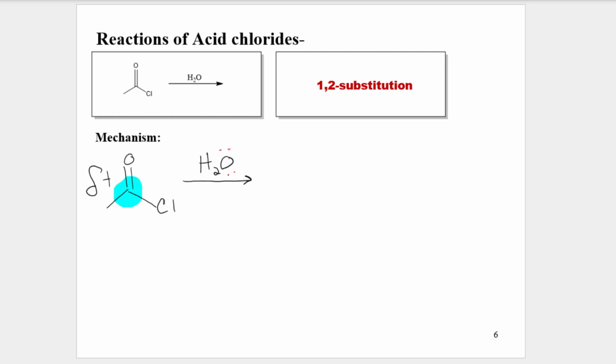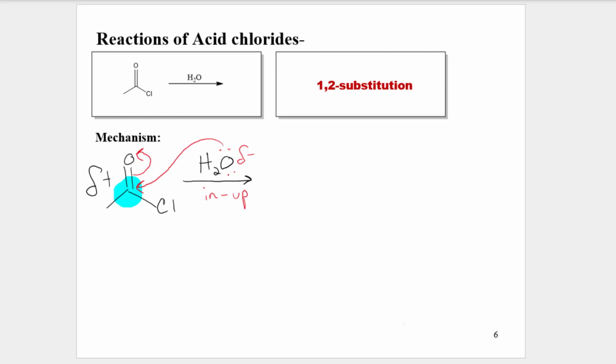So this is a 1,2 substitution. The partially negative oxygen is going to react with the carbonyl, in and up. I have to describe every arrow that I'm drawing, so in this first step, it goes in and up.